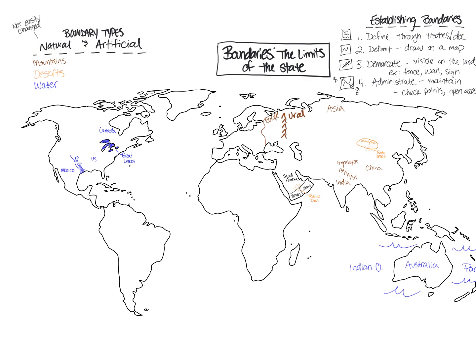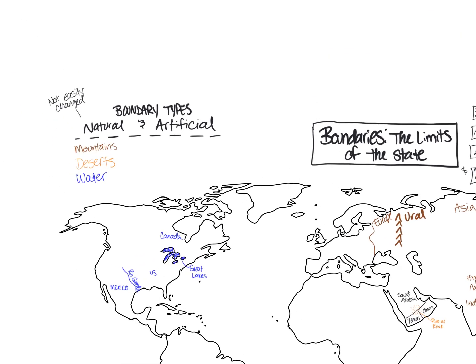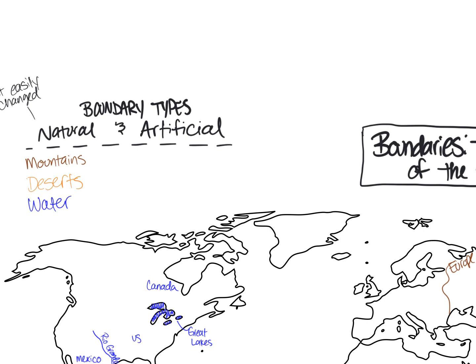The next group that we'll talk about is artificial boundaries. These are boundaries that are man-made. People are the ones determining these, so they can change more easily, especially compared to natural borders.